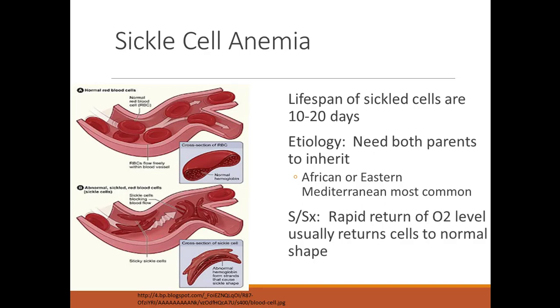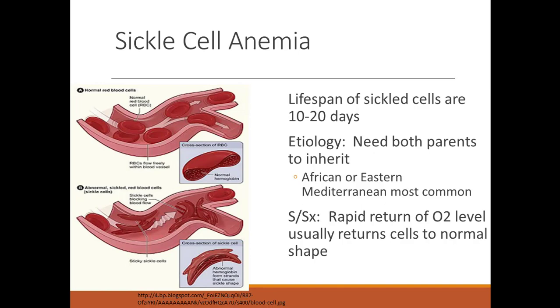So, like I said, lifespan is 10 to 20 days. Both parents need to have sickle cell anemia to pass it on to the child. So, if both parents have it, the child will have sickle cell disease. If one parent has it, that child will have a sickle cell trait.